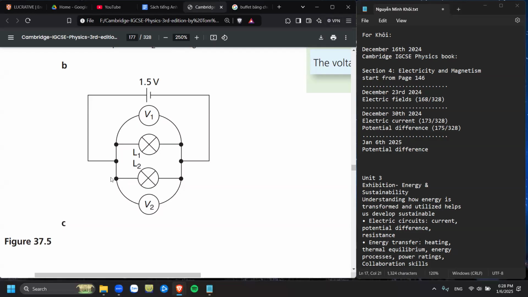Yeah, split up into two parallel circuits here, and it goes back to the battery. Okay, so V1 is the voltmeter that will measure the potential difference in these 2 points. V2 is the voltmeter that will measure the potential difference in these 2 points again.